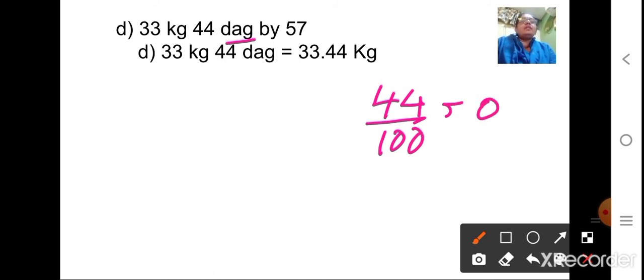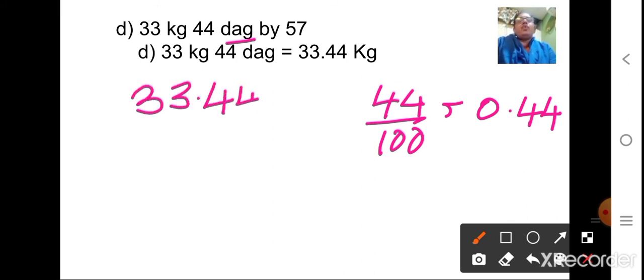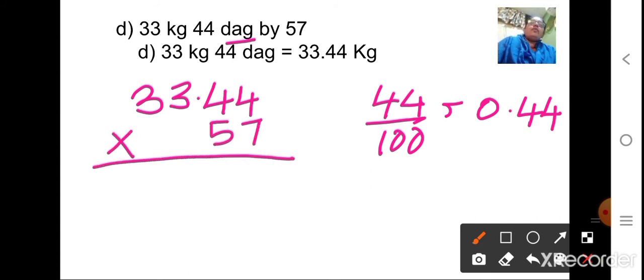So that will be 0.44 kg. So when you are using the decimal point, you will write it as 33.44 kg and you will multiply it by 57. Without the decimal point, let us multiply first and in the end you will place the decimal point.